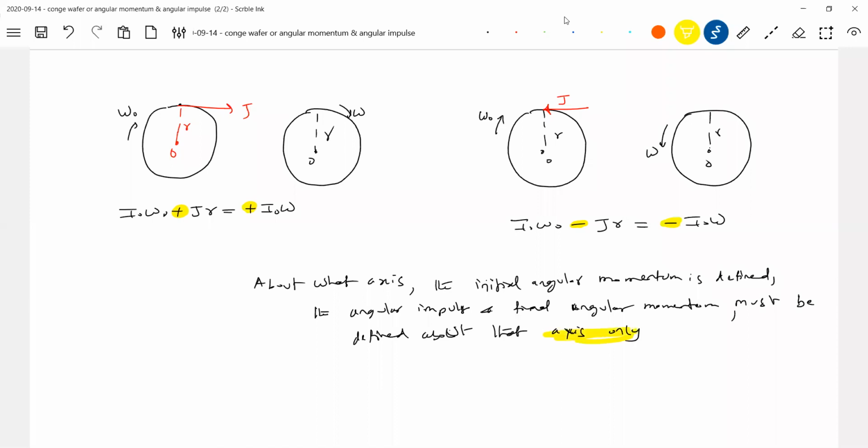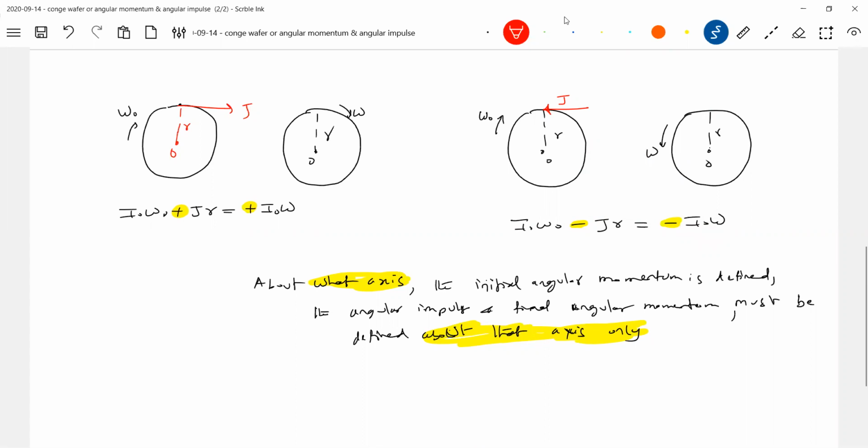So this is the one thing. You should not do it like this. I'm underlining: initial angular momentum about O, but angular impulse measured about some other point, and final angular momentum measured about some other point. No. The total equation, everything, must be about one axis.